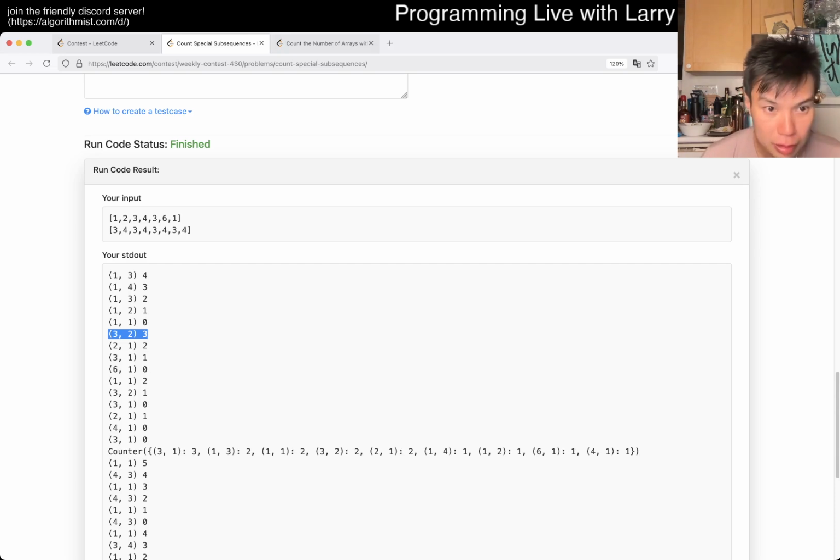Okay. 2 3, that's probably right. Wait, what? No, 4 6 4. Yeah, okay, that's actually right. Okay, I forgot they had to skip by 2. 6 3. Okay, so this seems right, right?